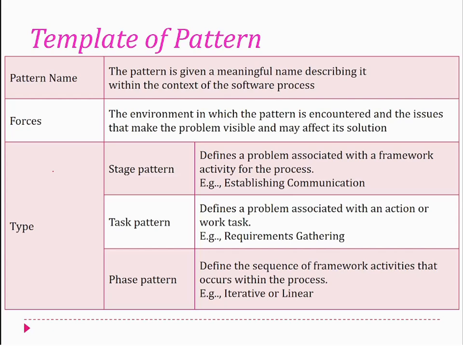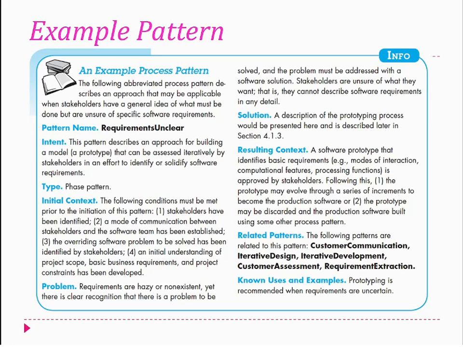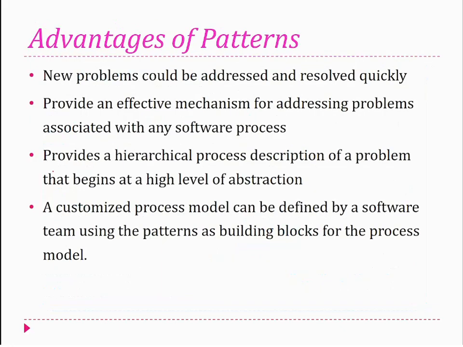Next, we move on to the process assessment and improvement. Developing software alone is not enough. Organizations also evaluate how effectively the software development process is being followed. This is known as software process assessment.